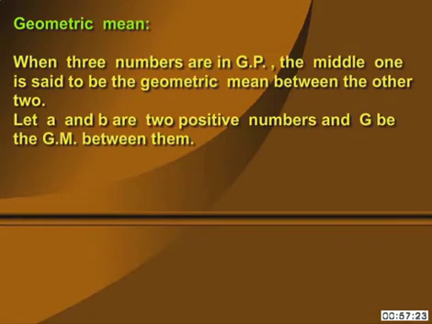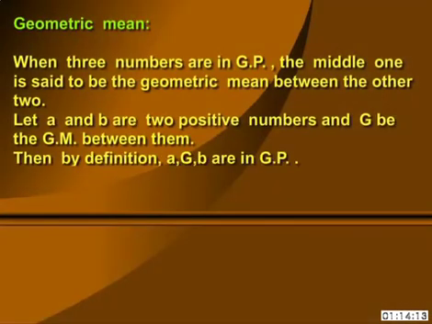Geometric mean. When three numbers are in GP, the middle one is said to be the geometric mean between the other two. Let A and B be two positive numbers and G be the geometric mean between them. Then, by definition, A, G, B are in GP.